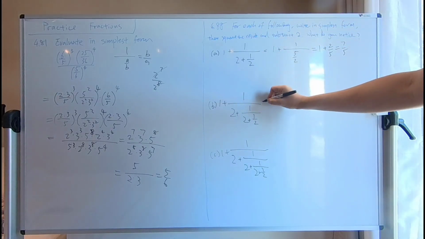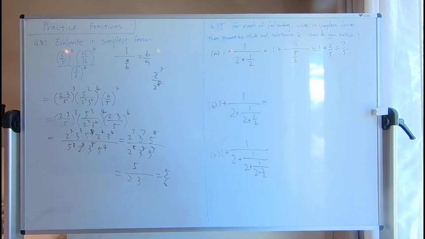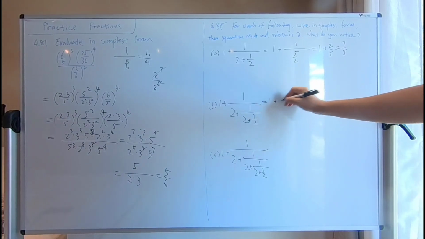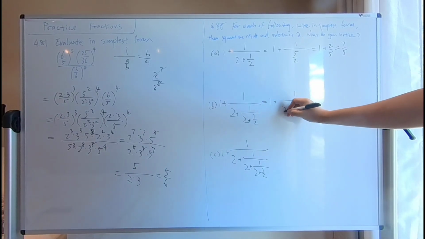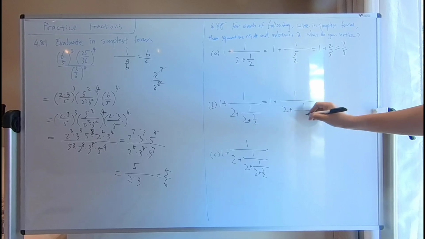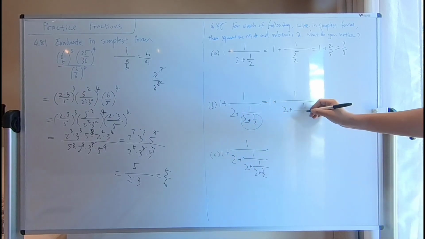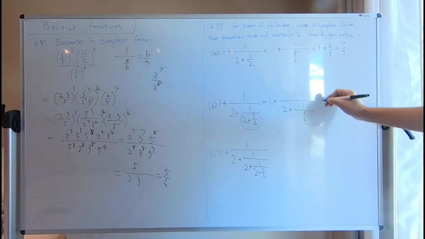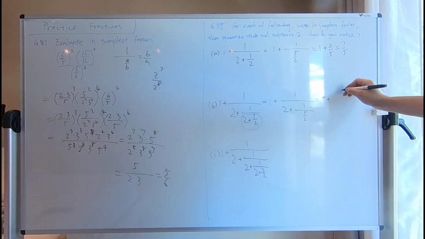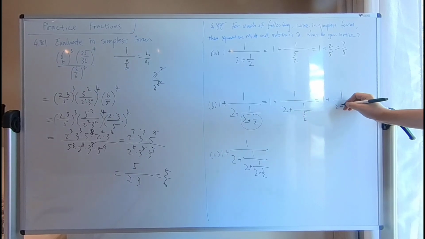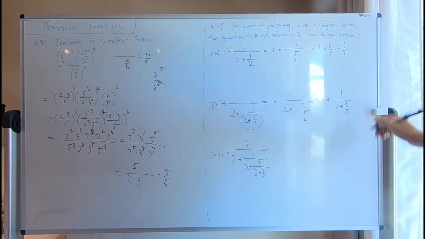Okay, let's not do the square and subtraction yet. Let's just calculate each expression one by one first. This one is 1 plus 1 over 2 plus 1 over, right? This one we just did; that's 5 over 2. So that becomes 1 plus 1 over 2 plus 2 over 5.